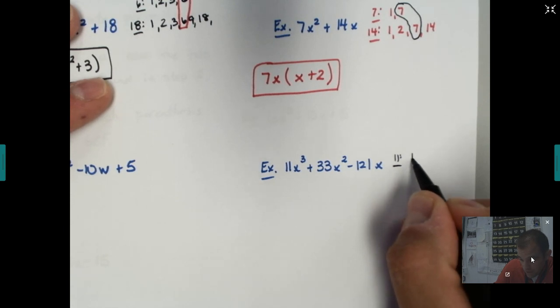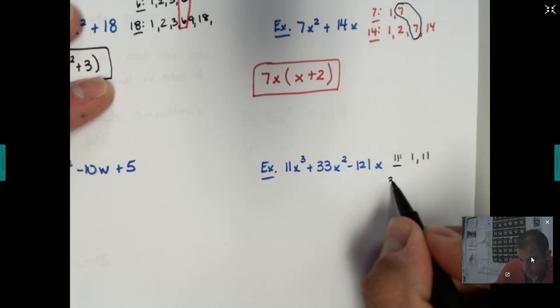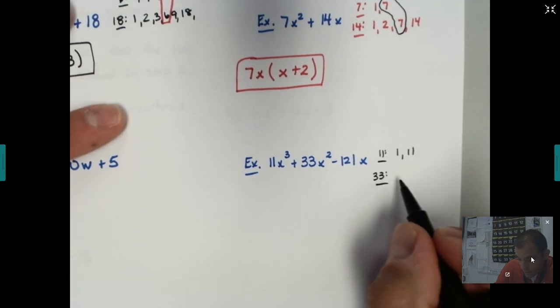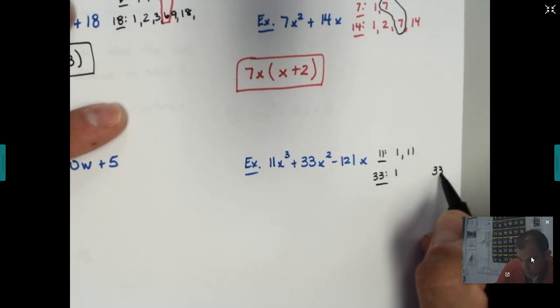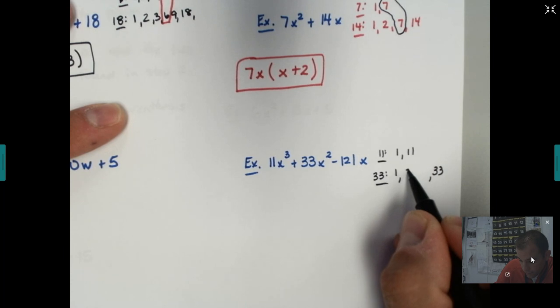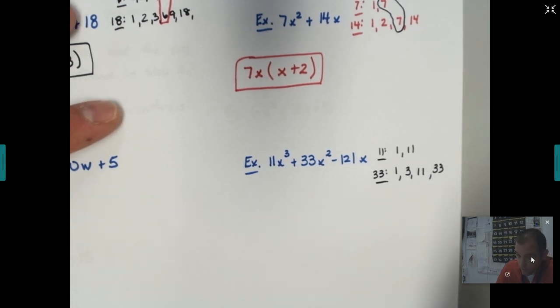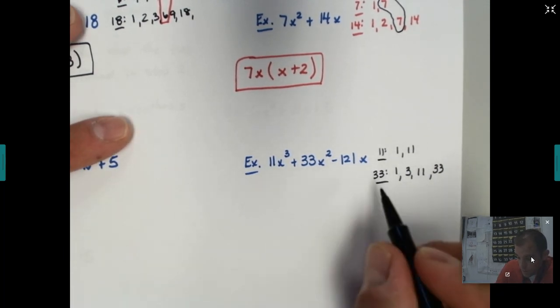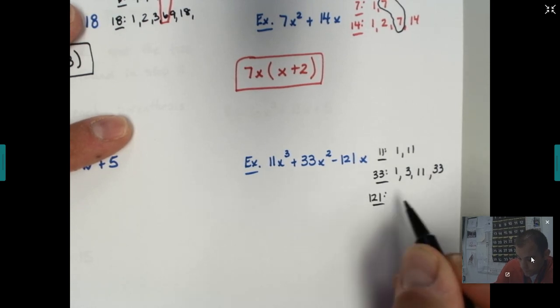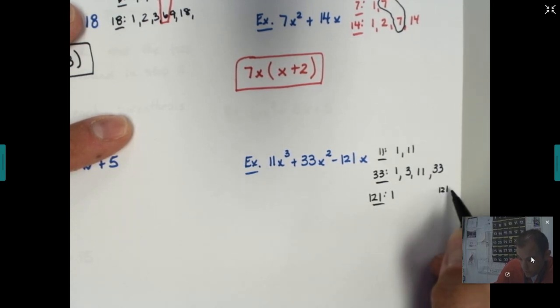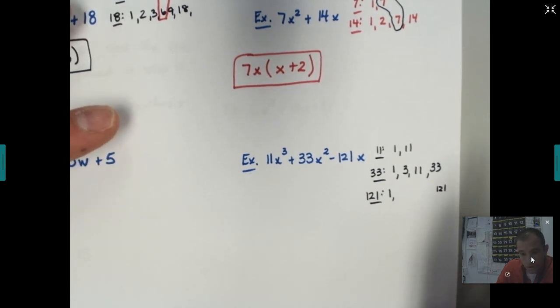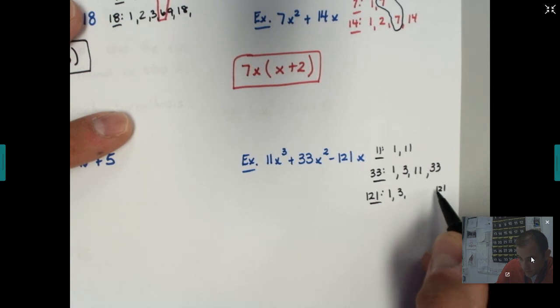What multiplies to get 11? That's just 1 and 11. What multiplies to get 33? That would be 1 and 33, or 3 times 11. Those are the only things that will multiply to get 33. What multiplies to get 121? 1 and 121. 2 won't work. 3 won't work.